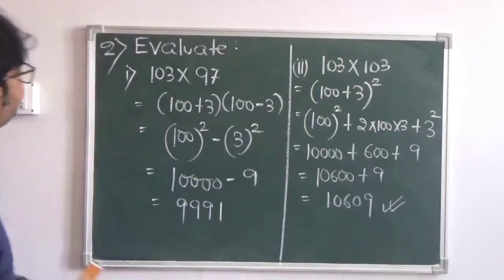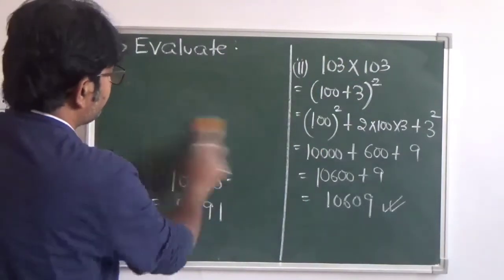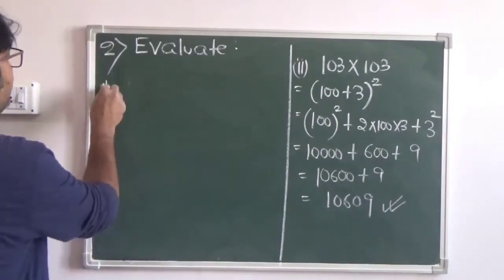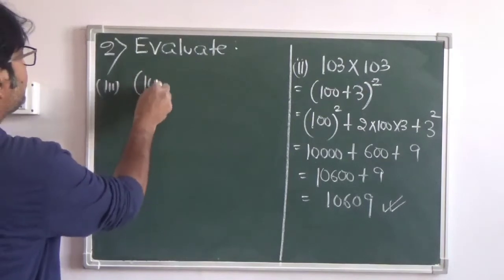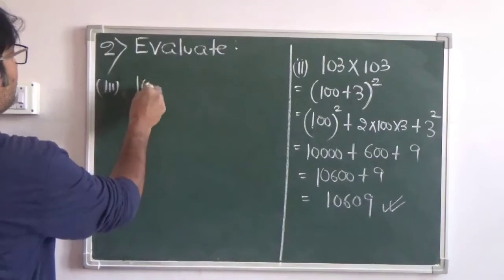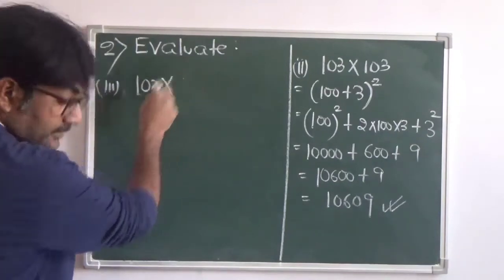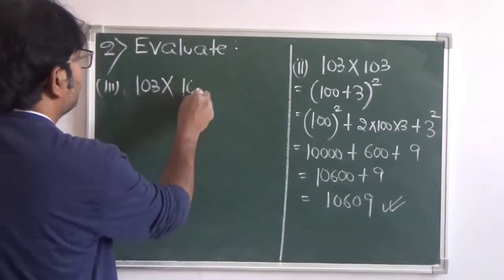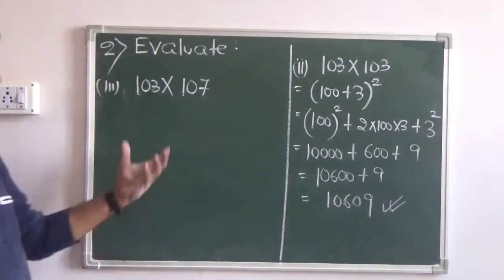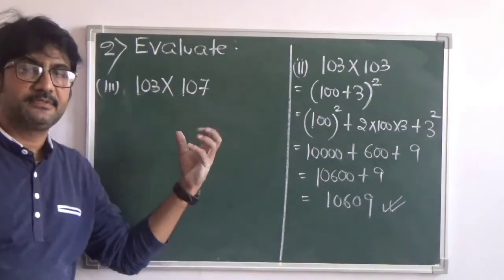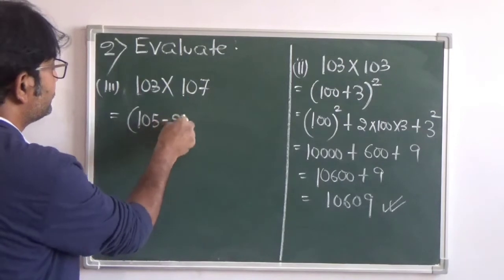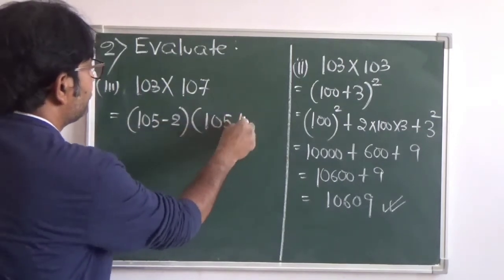So next one. Let's take another number, 103 into 107. So here, if we take 105, then we can express it as (105 - 2)(105 + 2).